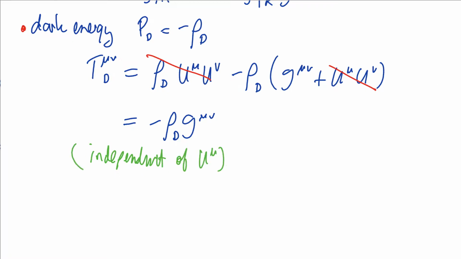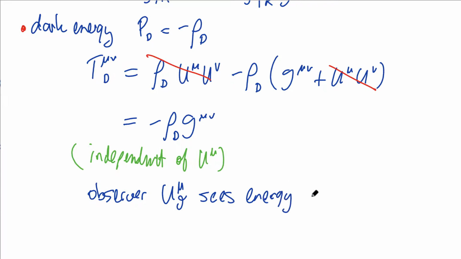So in particular, recall that the energy density as seen by an observer with four velocity, say u sub o, script o for observer, sees an energy density which is given by T mu nu, U mu, U nu for the observer. And so now if we evaluate this for the dark energy, we see that U mu times G mu nu times U nu is -1.